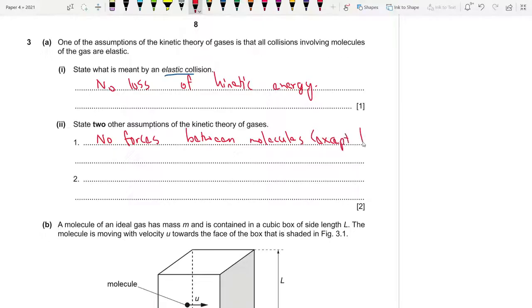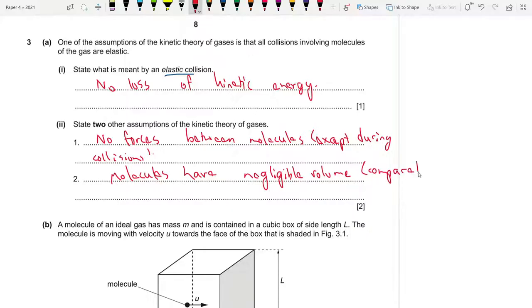Obviously, except during collisions. What else? The molecules have negligible volume compared with the volume of the gas or the volume of the container, basically, right?